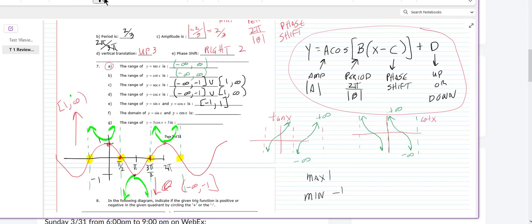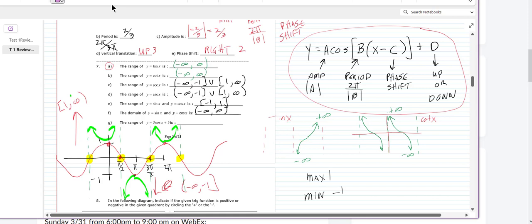Okay, so that's what that's going to be then. All right, let's see. So the domain of sine and cosine is going to be all real numbers. Okay, there's no asymptotes. The sine and cosine have that wave that goes on in both directions forever, so its domain is all real numbers. Okay, so that's how you can figure that out.